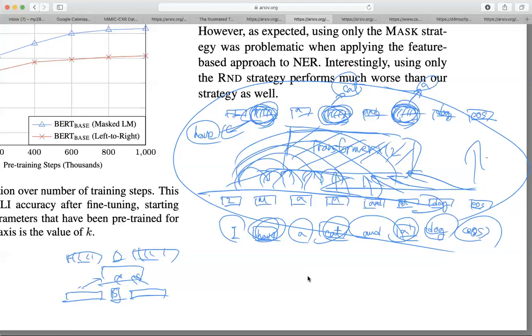If you want to fine-tune your BERT model for the SQuAD dataset, which is question answering, each sample in SQuAD consists of a paragraph and a question, and you need to select a span, a subset of the paragraph, to indicate the answer to the question.